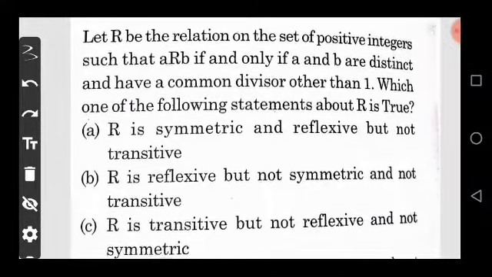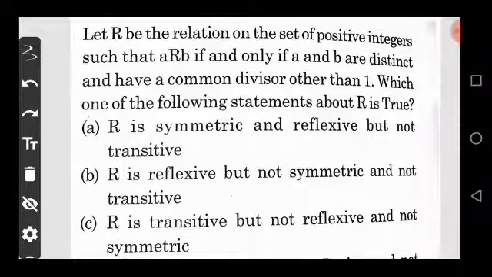Let R be a relation on a set of positive integers such that A related B if and only if A and B are distinct and have a common divisor other than 1. Which one of the following statements about R is true? Option A. R is symmetric and reflexive but not transitive.